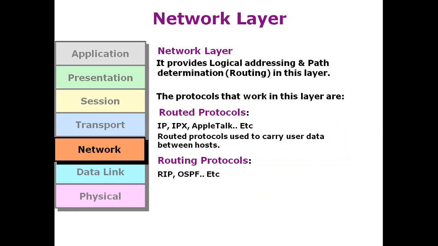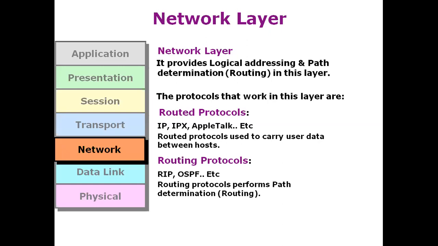RIP, EIGRP, and OSPF, these three protocols are called routing protocols. The function of a routing protocol is to create the routing table of every router, so that your source data will reach the destination device. What is a routed protocol? IP is called a routed protocol. So the function of a routed protocol is to carry user data between host computers.